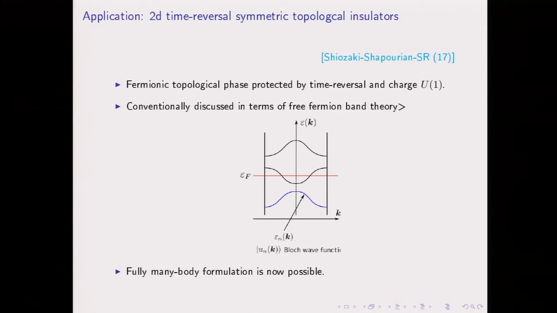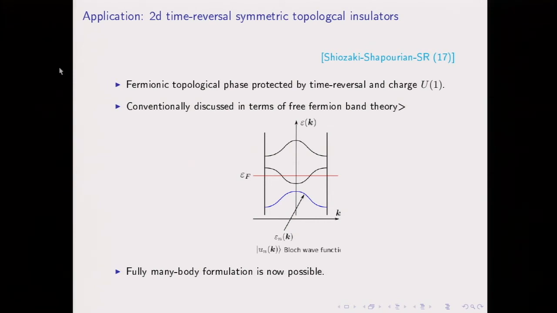Historically, this subject has been discussed quite extensively, but usually we use the free fermion band theory picture, and we build the topological invariant using free fermion Bloch wave functions. But now, with the exercise we did for 1D, we can formulate the topological invariant for topological insulators in a many-body way. I just want to flash you our formula for the many-body Z2 topological invariant.